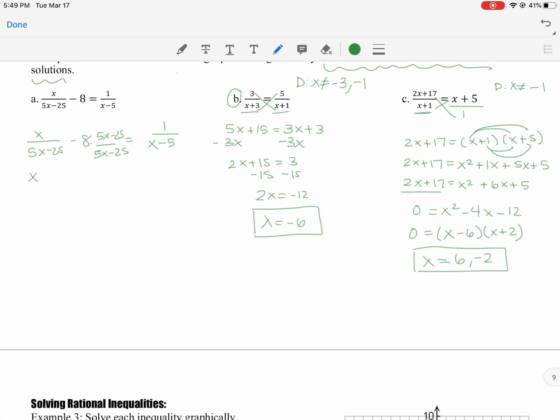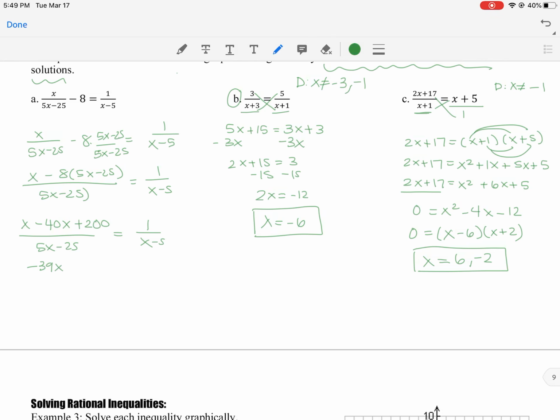So then I have x minus 8 times 5x minus 25 on the top. And I still have 5x minus 25 on the bottom equals 1 over x minus 5. Go ahead and do some simplifying there on the top. So we'd have 5x squared minus 40x plus 200 all over 5x minus 25 equals 1 over x minus 5.